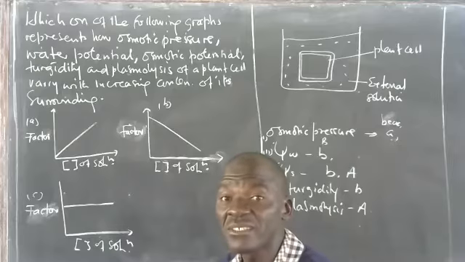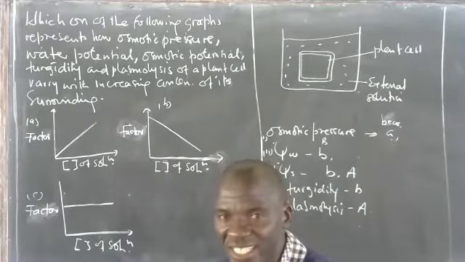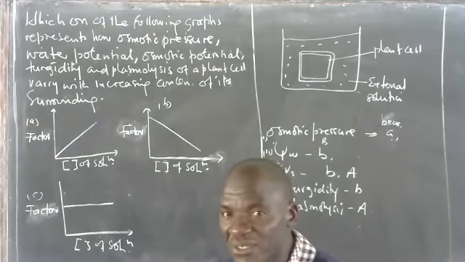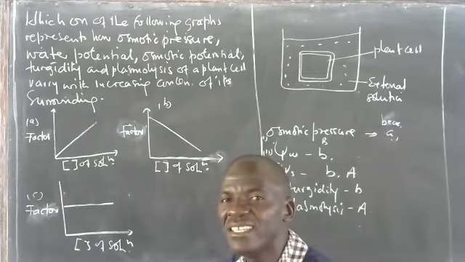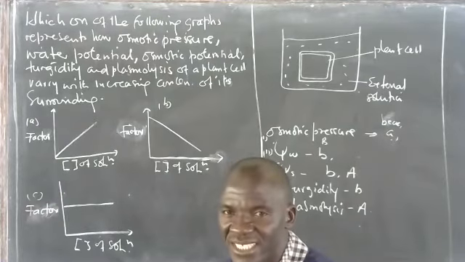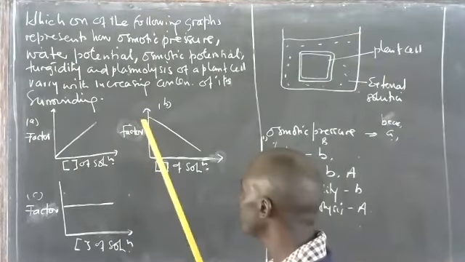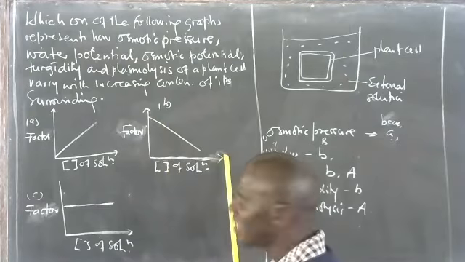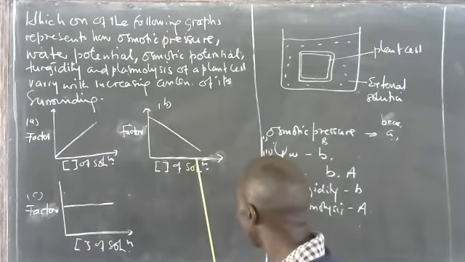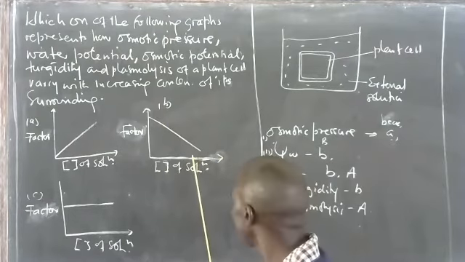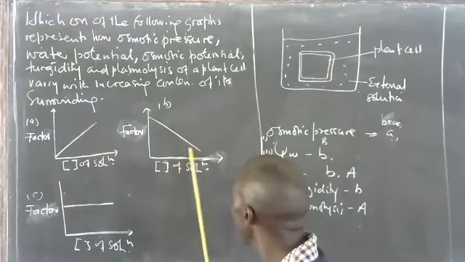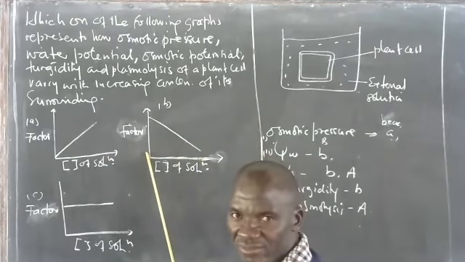That means the water potential is reducing. The amount of free water molecules in that cell is decreasing, so the water potential must be decreasing. So a cell which is in a highly concentrated solution has a very low water potential.